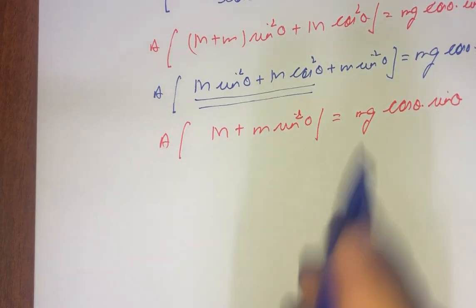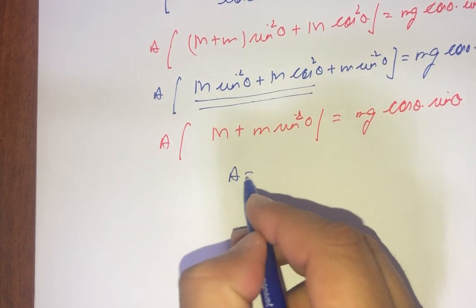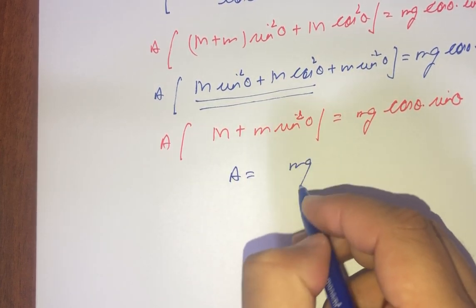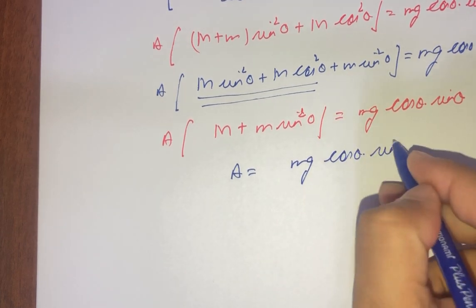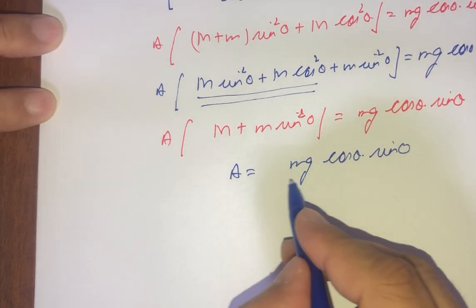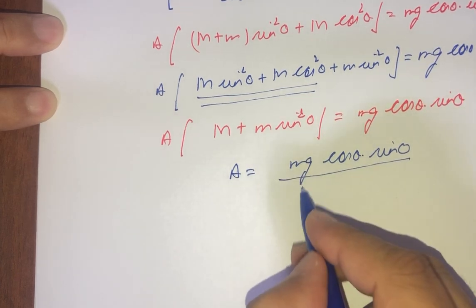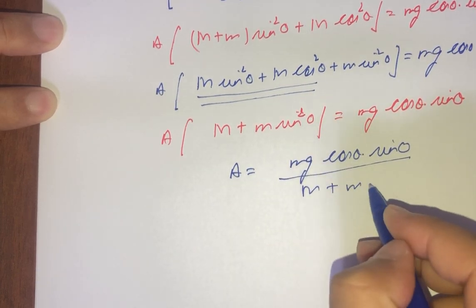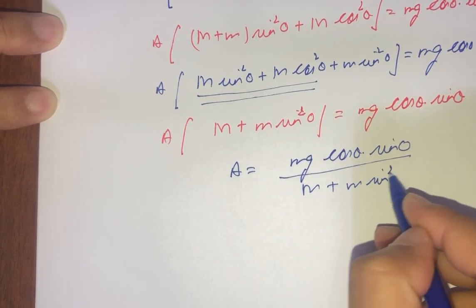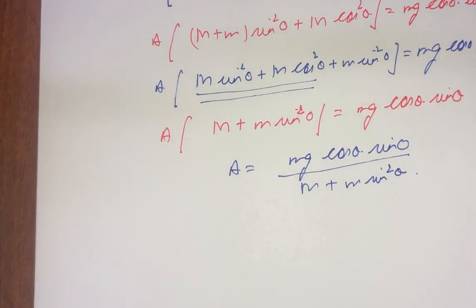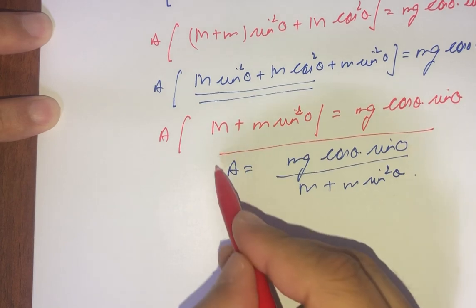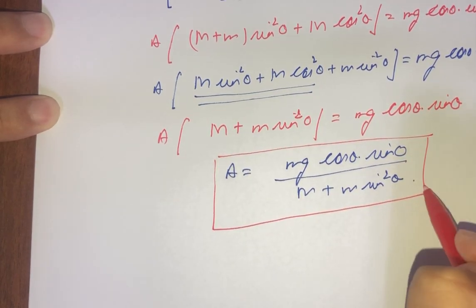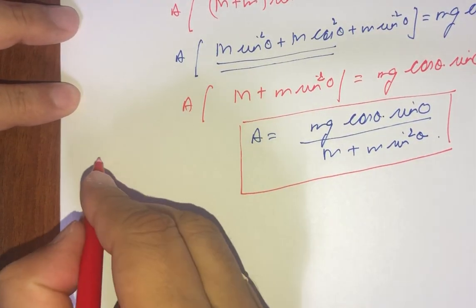And finally we get the value of capital A is equal to mg cos theta into sine theta divided by capital M plus small m sine square theta. So this is the acceleration of the wedge.